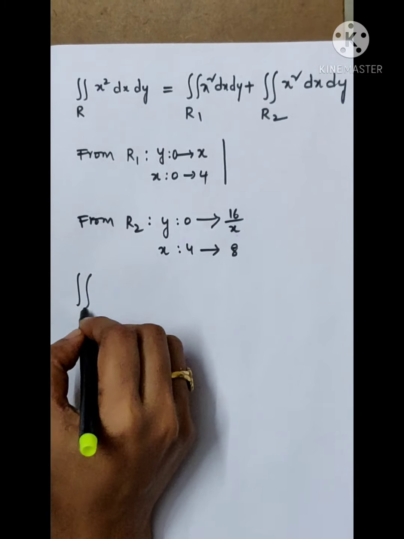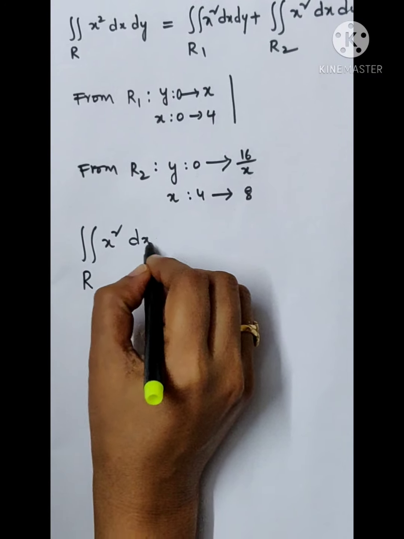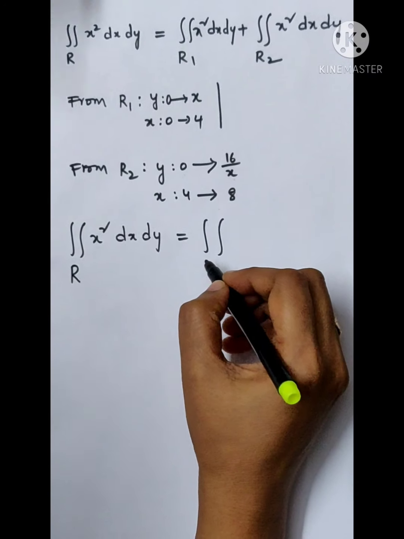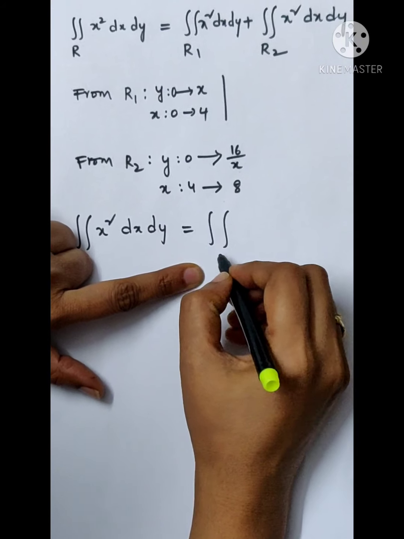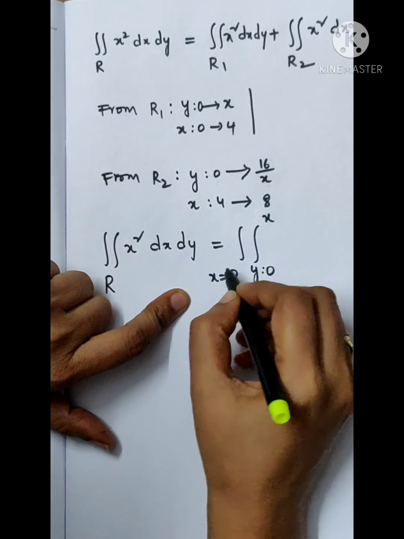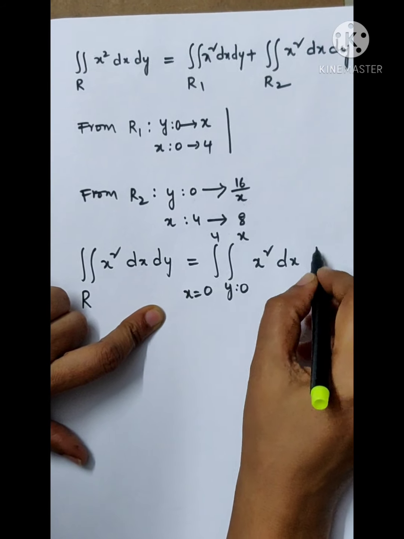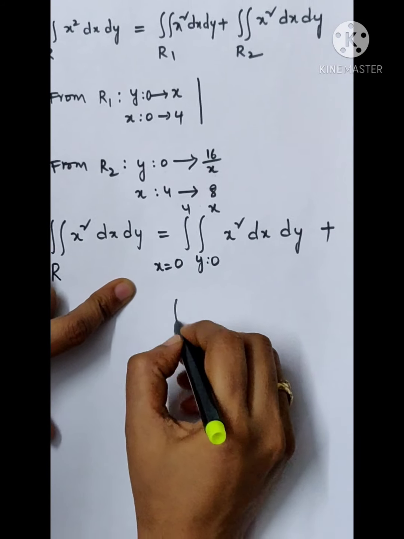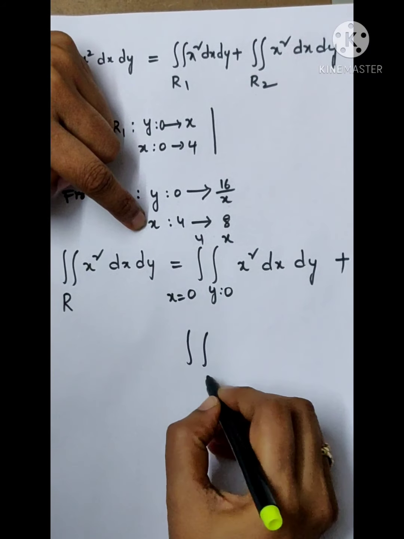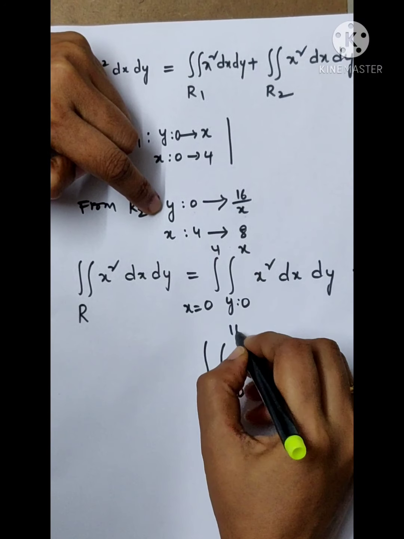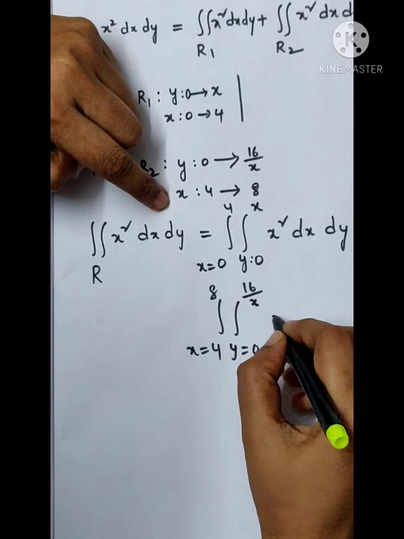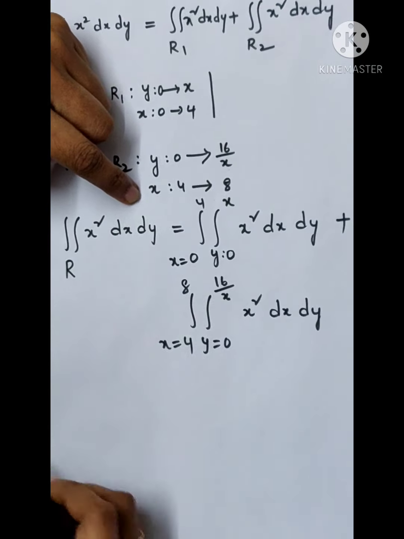So the double integral over the region R of x square dx dy equals the double integral over R1, with y limits 0 to x and x limits 0 to 4, of x square dx dy, plus the double integral over R2, with y limits from 0 to 16 by x and x limits 4 to 8, of x square dx dy.